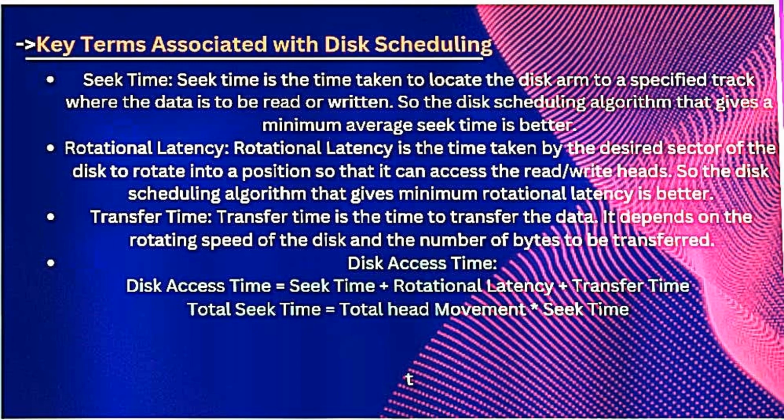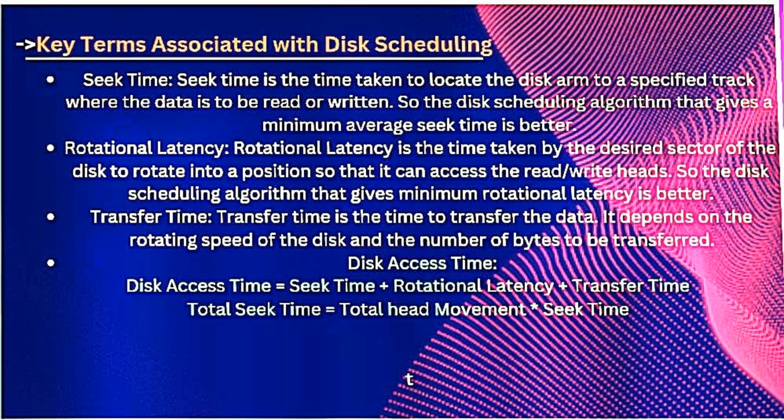Before we go into these scheduling algorithms, you should know some key terms. Firstly, seek time is the time taken to locate the disk arm to a specified track where the data is to be read or written. So the disk scheduling algorithm that gives a minimum average seek time is better.